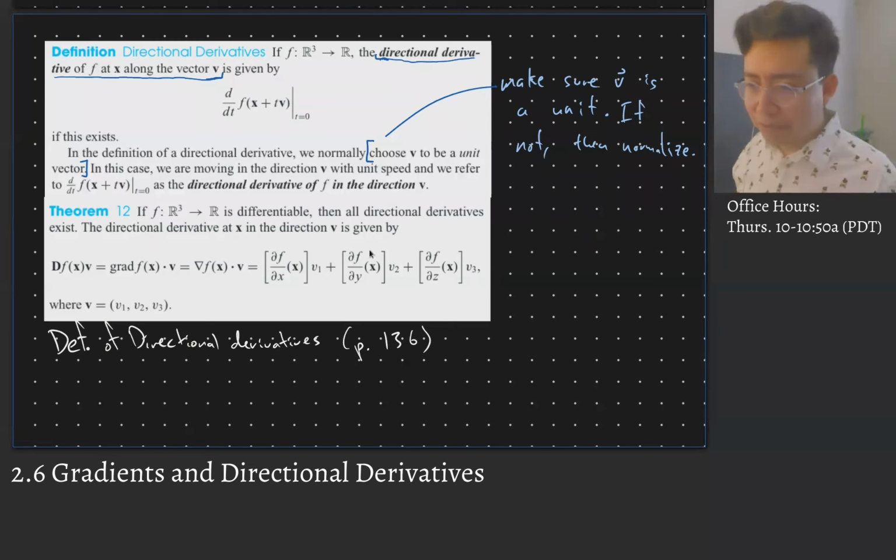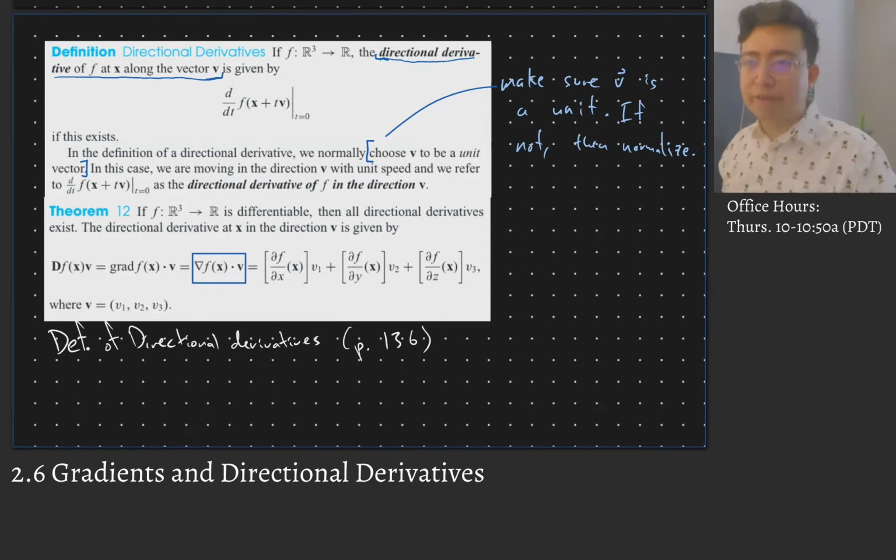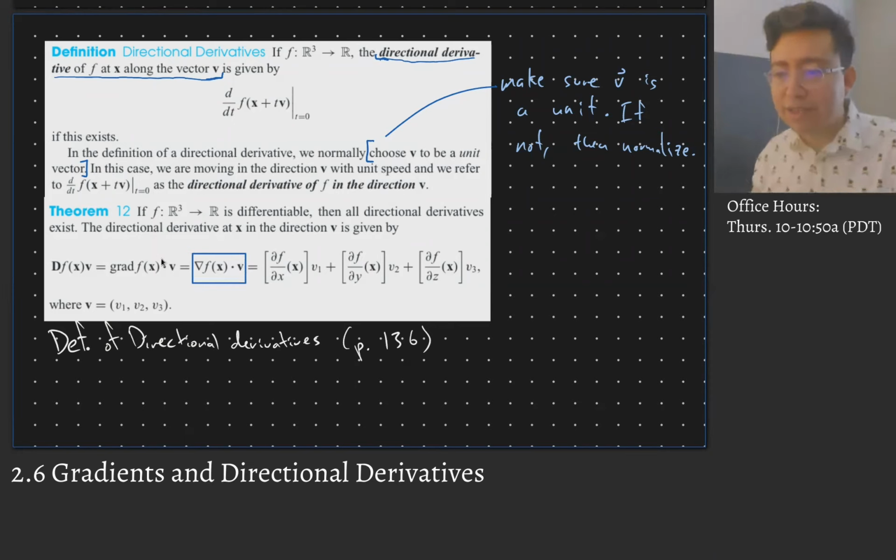They wrote it 3 different ways for you. This one here is probably going to be the most valuable in terms of notation. You have the gradient of f dot product with the vector in which you're taking the derivative, and all of this other stuff is just other ways to write that.